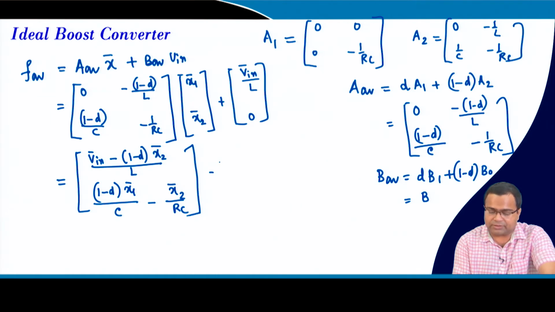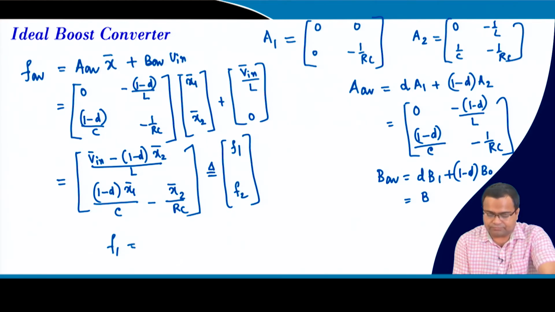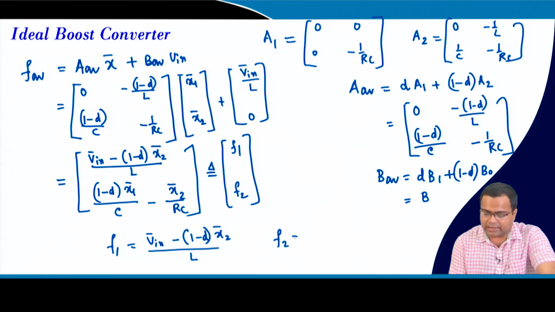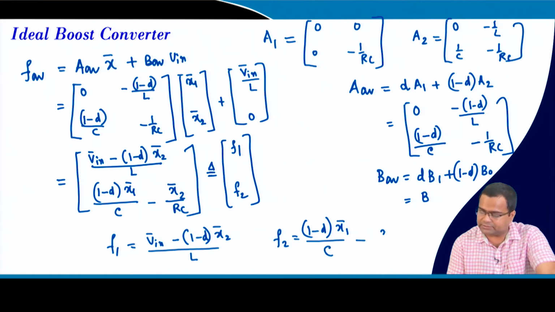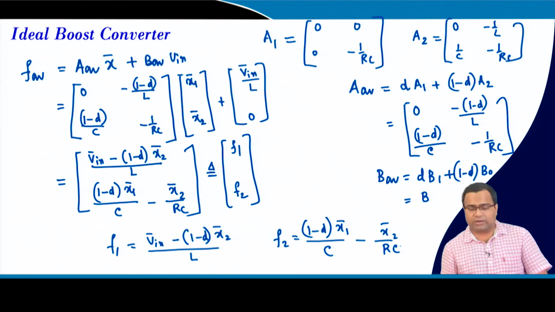So, if I write in terms of F1, F2, then what is my F1? It is V in average minus (1 minus D) into X2 average by L, and F2 is (1 minus D) X1 average by C minus X2 average by RC. Okay?